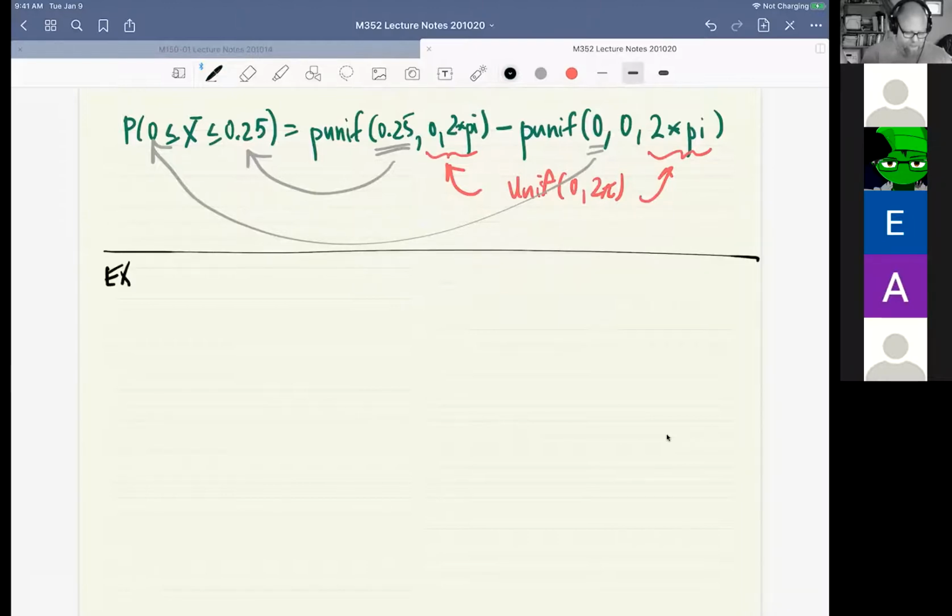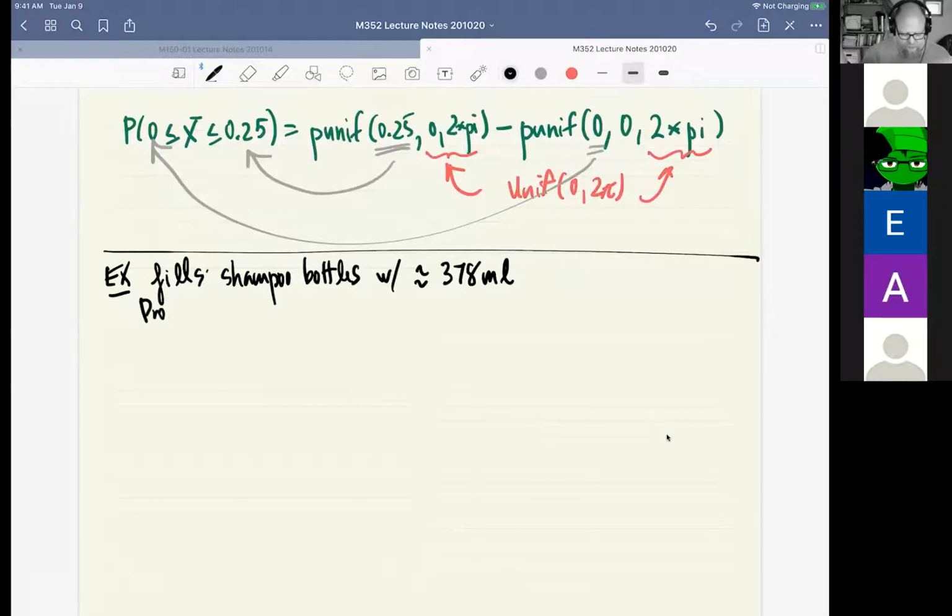Okay, let's do another example of uniform distribution. So suppose a manufacturing plant has a process for manufacturing bottles of shampoo. And part of the process is that you fill these shampoo bottles with about, say, 378 milliliters of shampoo.